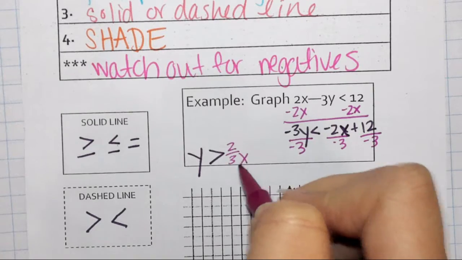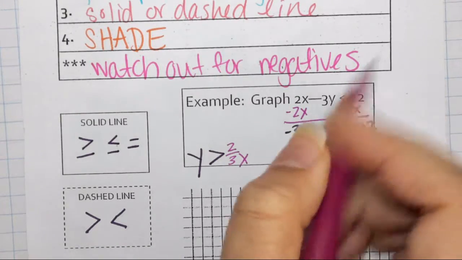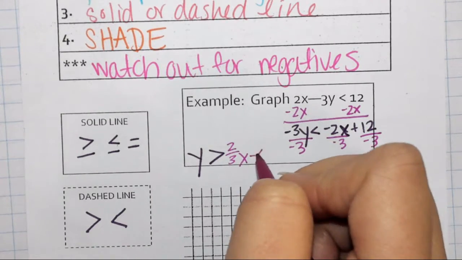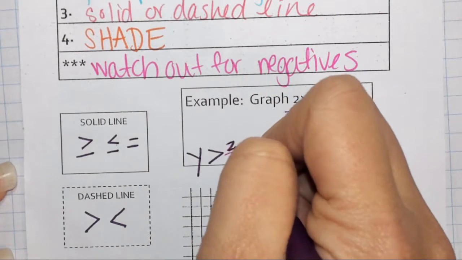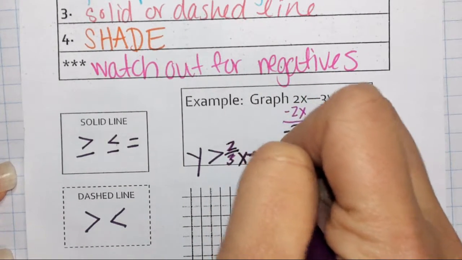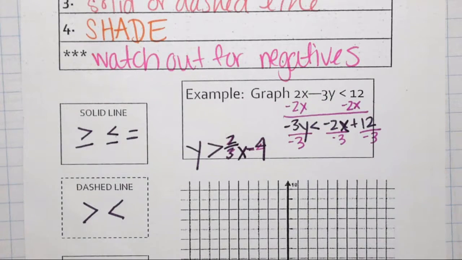And what is 12 divided by negative 3? Negative 4. By now we should be pros at solving for y, correct? Even though looking at your math workshop test, we're not.